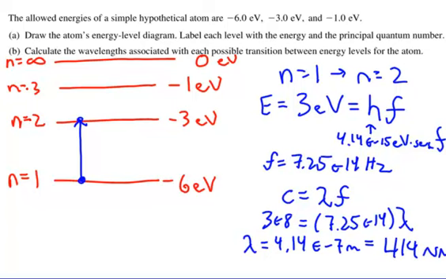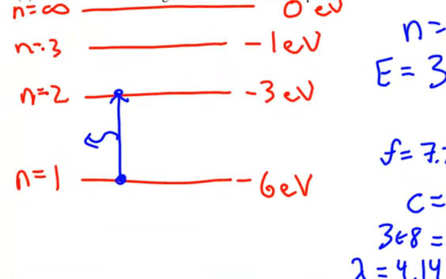So this is going to give off a wavelength of 414 nanometers, which conveniently so is our blue light.